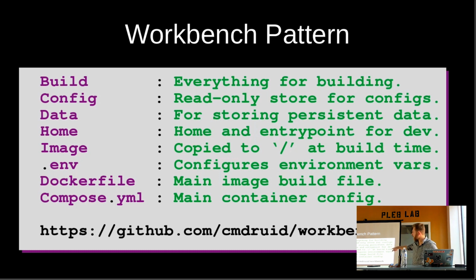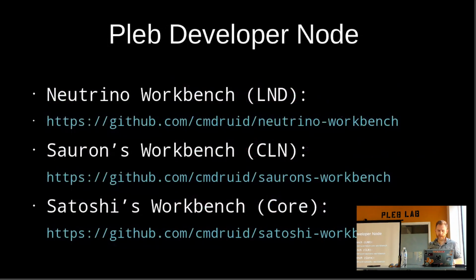A cool thing about Docker is that you can write Dockerfiles that copy a pre-made file system that you have set up on your machine into the container, so you can really customize your environment inside the container. Then there's a .env file for environment variables, the Dockerfile itself, and the compose file. So that's the whole Workbench pattern.